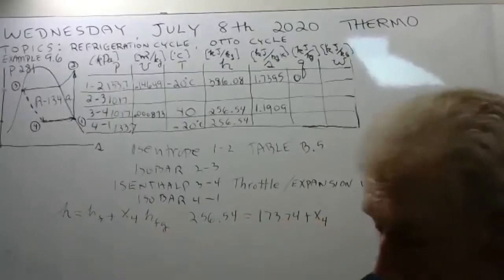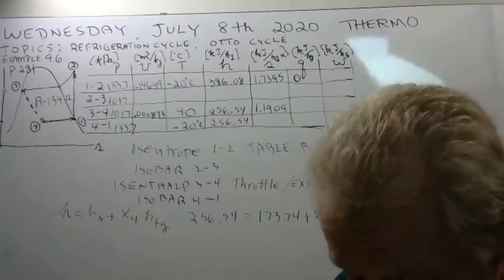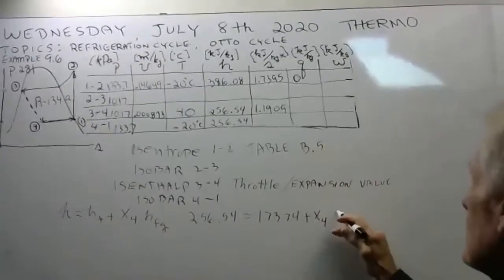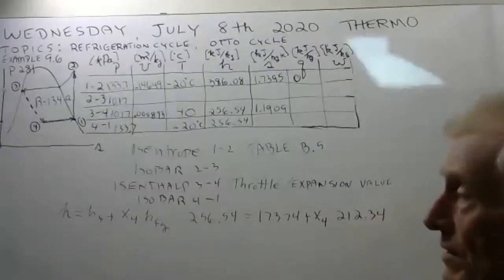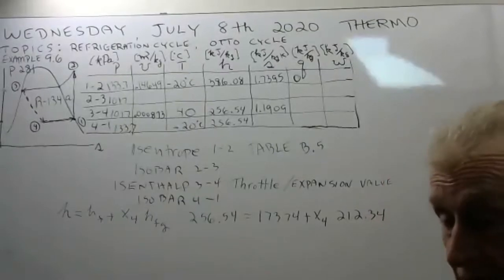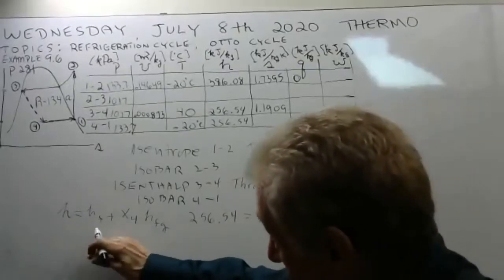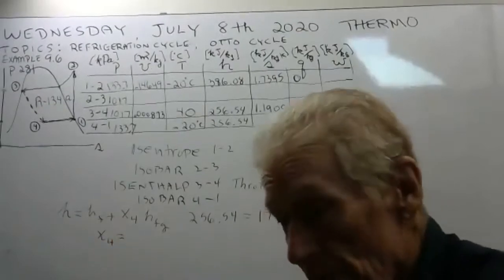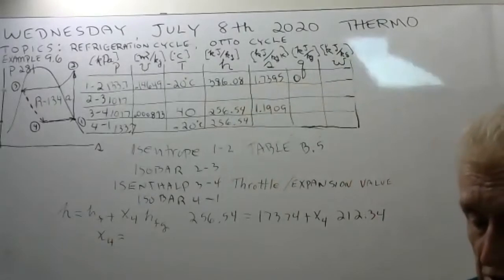And hfg at minus 20 is 212.34. All right, we're going to pause for a minute and a half if necessary. And I want you to find the quality at state 4. I will be quiet, and I want you to do that, please.